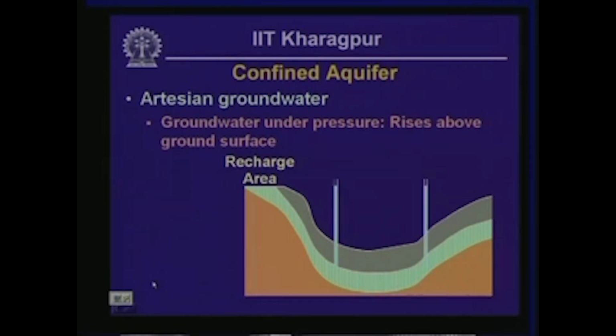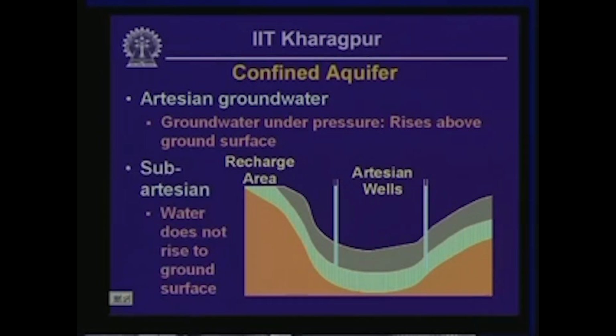And now if we install water wells into the confined aquifer, the water surface is going to rise to the level to which the aquifer is completely saturated, or the recharge level, for instance. So this particular aquifer is going to be called an artesian aquifer, and the wells that we installed there are called artesian wells.